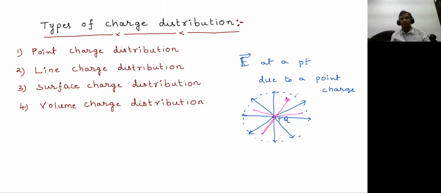Suppose you want to find the electric field intensity E1 vector. What we should know is this distance R1, from the center to the point where we are measuring the electric field intensity.